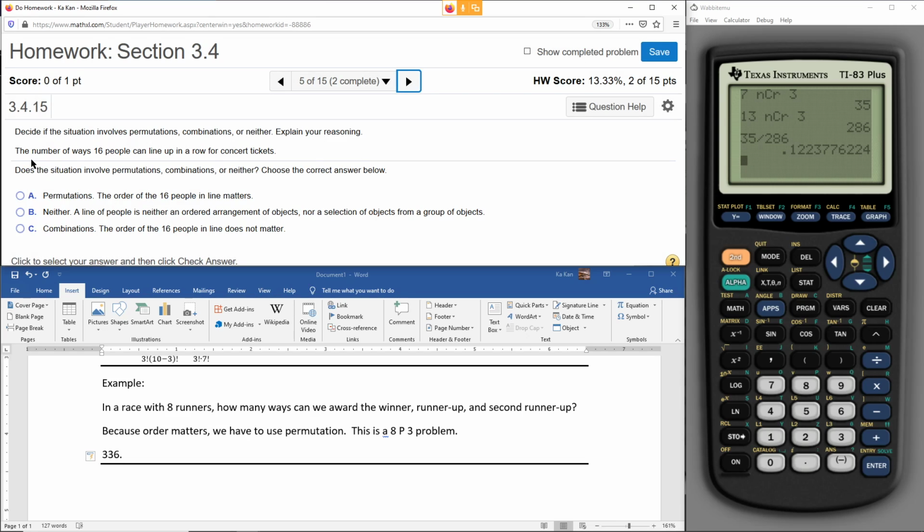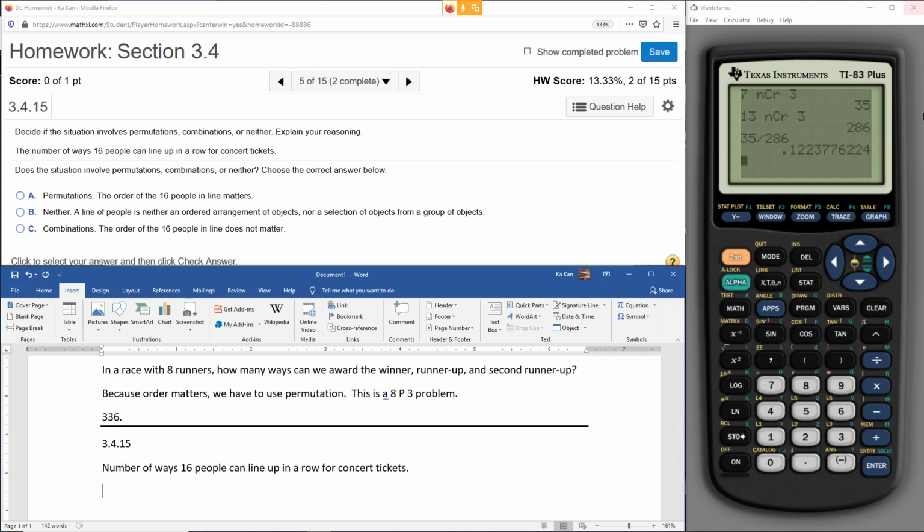So now, the number of ways 16 people can line up in a row for concert tickets. So the idea is you got 16 people, so the total, which is n, equals 16.